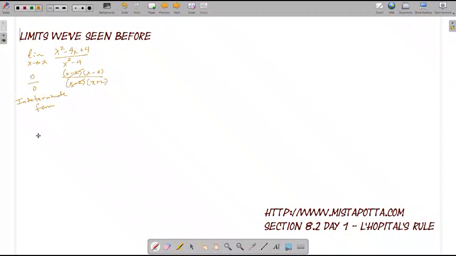But what I want to do is I want to take this L'Hopital's concept. In other words, I say that the limit of this function f of x over g of x, since f of a is equal to 0 and g of a is equal to 0, this should be equal to the limit as x approaches 2 of the ratio of the derivatives.